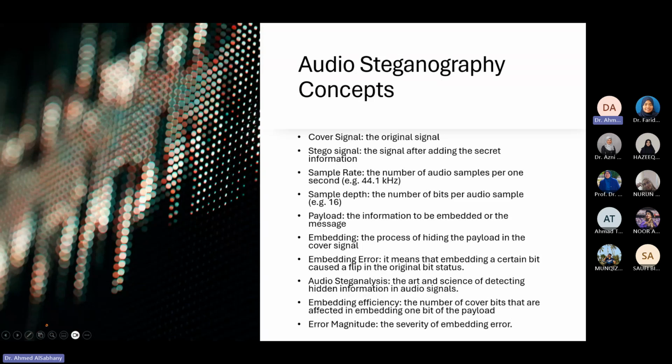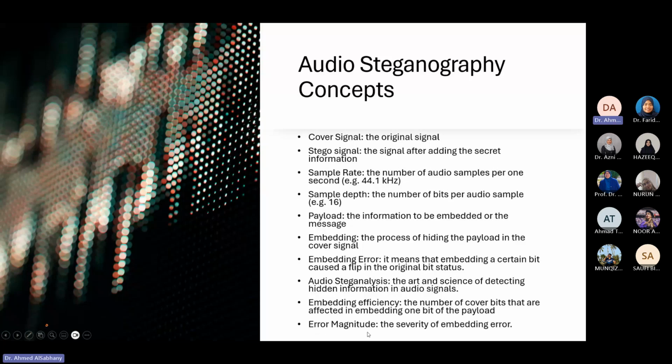If we have a low number of bits affected, this means that it is efficient. If the number is high, this means that the embedding method is not so efficient, or it's aimed toward robustness more than transparency, as we will see later on during this webinar.